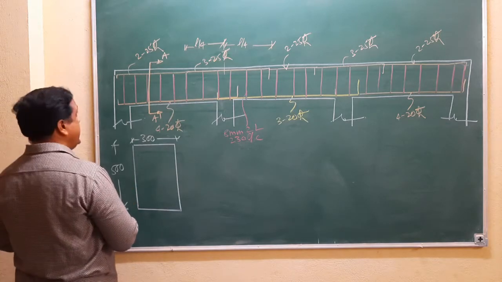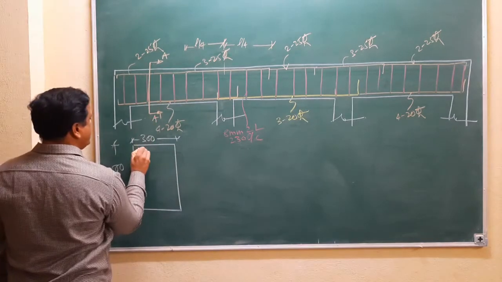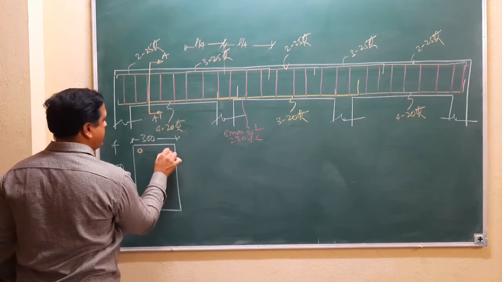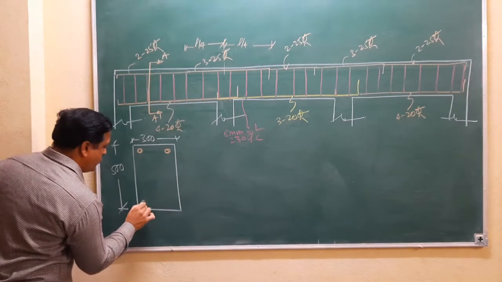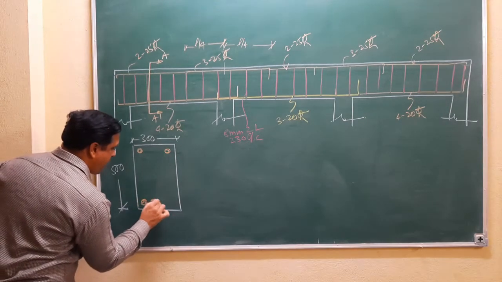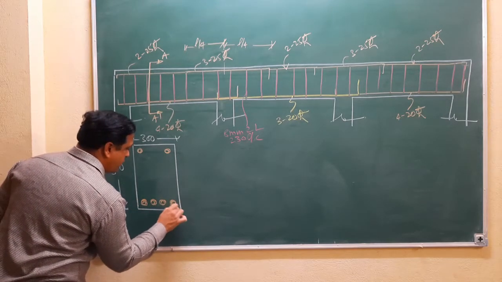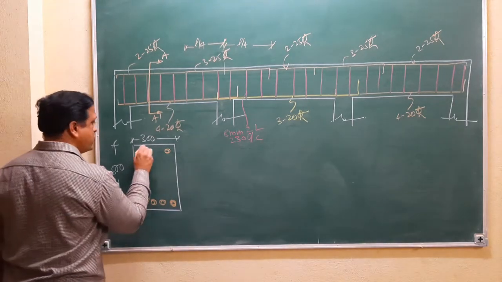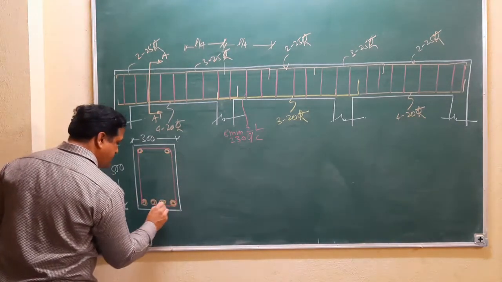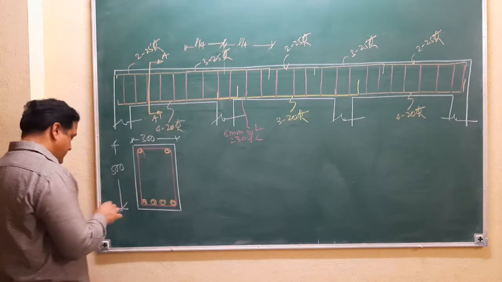Okay, at top you have to provide the 2 bars of 25 mm. At bottom you have to provide the 4 bars of 20 mm. Like this you have to show 4 bars of 20 mm, and then you have to show the stirrups like this.